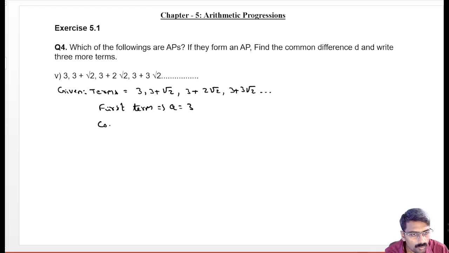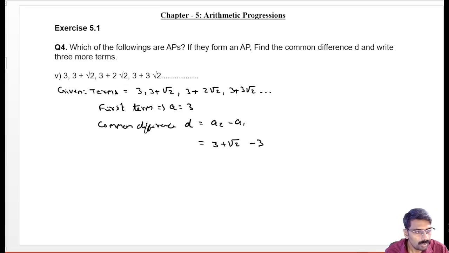Common difference D would be equal to A2 minus A1, that would be equal to 3 plus root 2 minus 3. So plus 3 minus 3 would go off, so the D would be root 2. This would be our common difference.